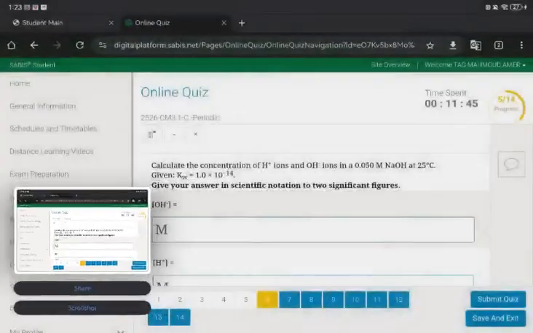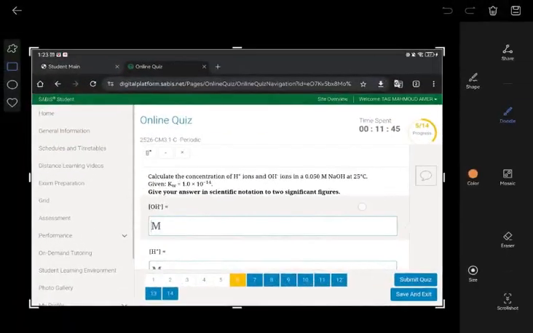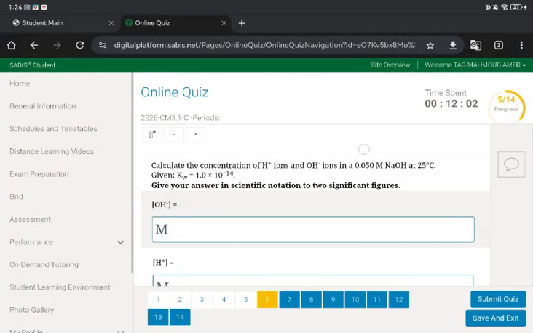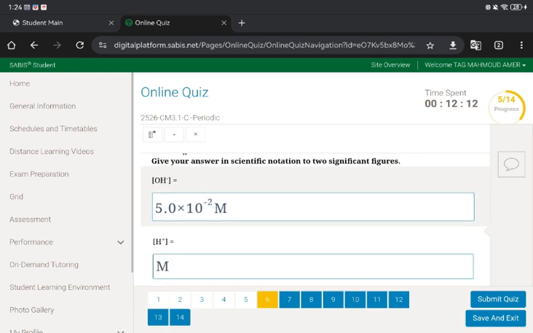This one, again, is a 1-to-1 ratio, so NaOH gives you Na plus and OH minus, 1-to-1. So whatever this is, they already give it to us, 0.05. And then in scientific notation, 5.0 times 10 to the power of negative 2.